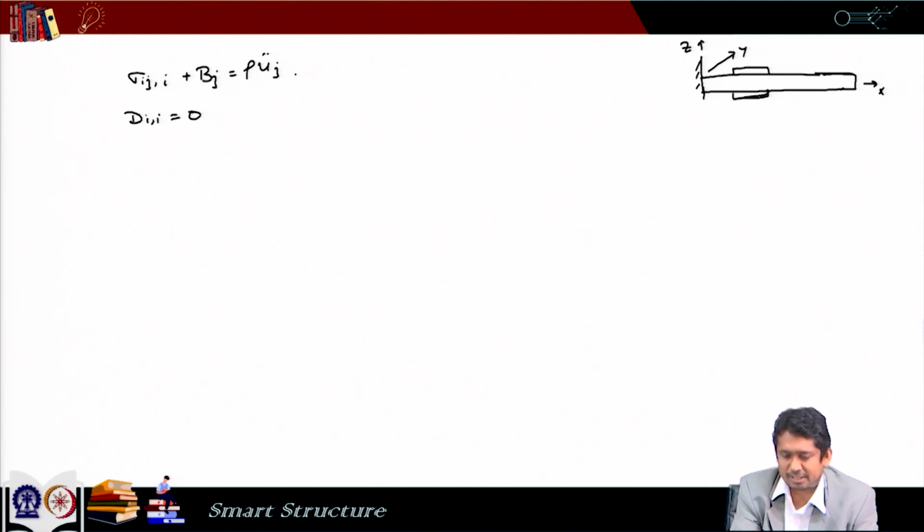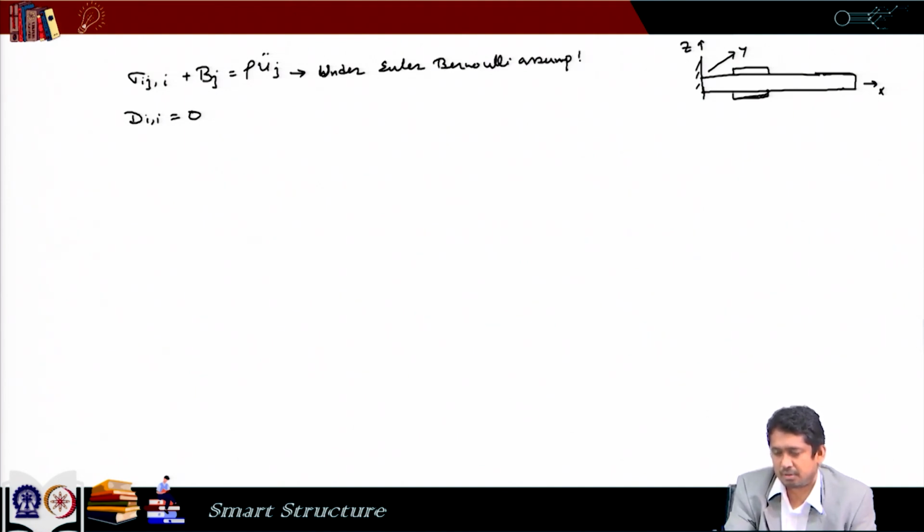Under the Euler-Bernoulli assumption and considering the piezoelectric effect, the linear momentum equation becomes this.